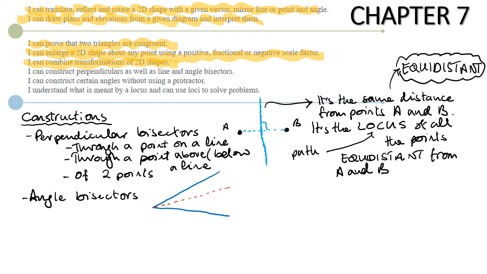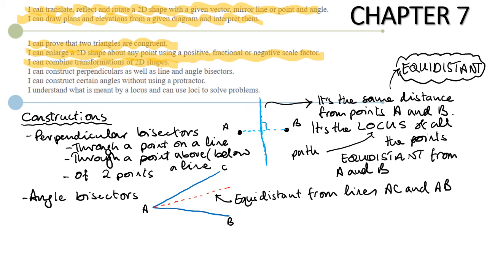Now, if this at the end here is the point A, and this is B, and this is C, that red line is equidistant from lines AC and AB. So it's actually halfway between those 2 lines, always the same distance away.